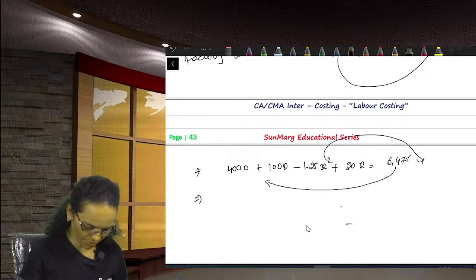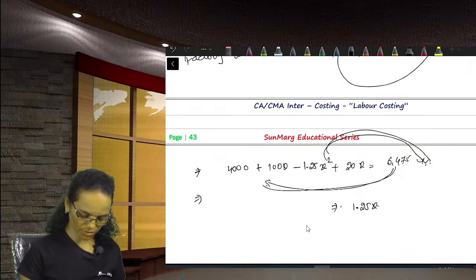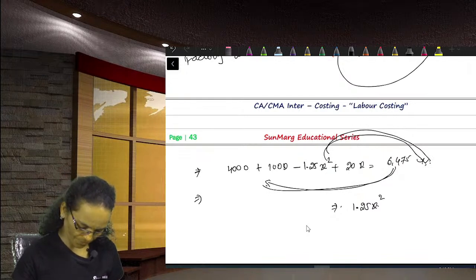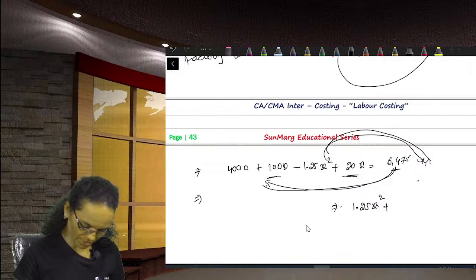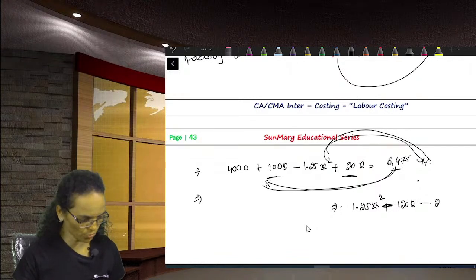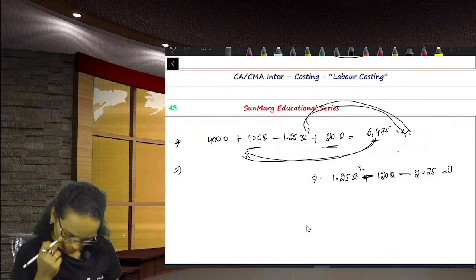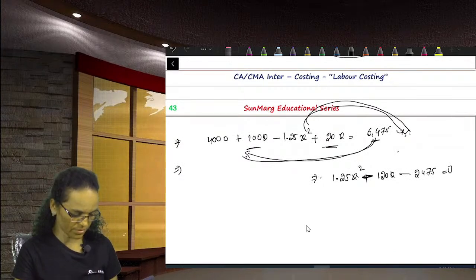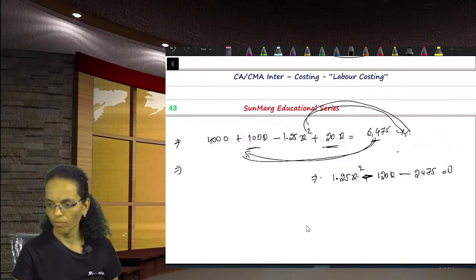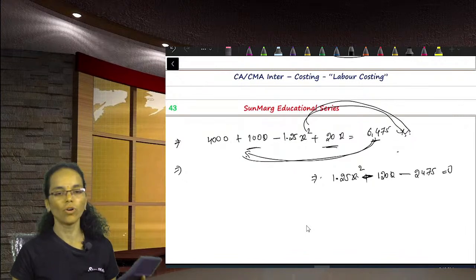So here we get 1.25x square, and the minus becomes plus on this side, and the total goes to the other side. Taking everything to one side: 1.25x square minus 120x plus, 6475 minus 4000, that is 2475, equals 0.